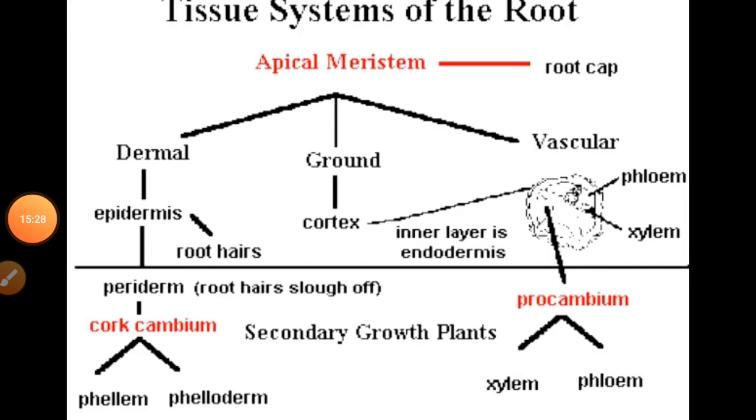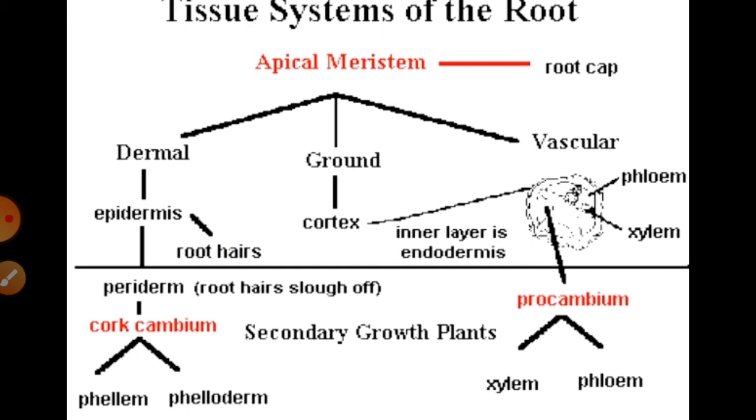Considering these structures, we have the apical meristem up to the root cap, and there are dermal, ground and vascular tissues. As I have told you many times, these tissues are found in different categories in different regions.